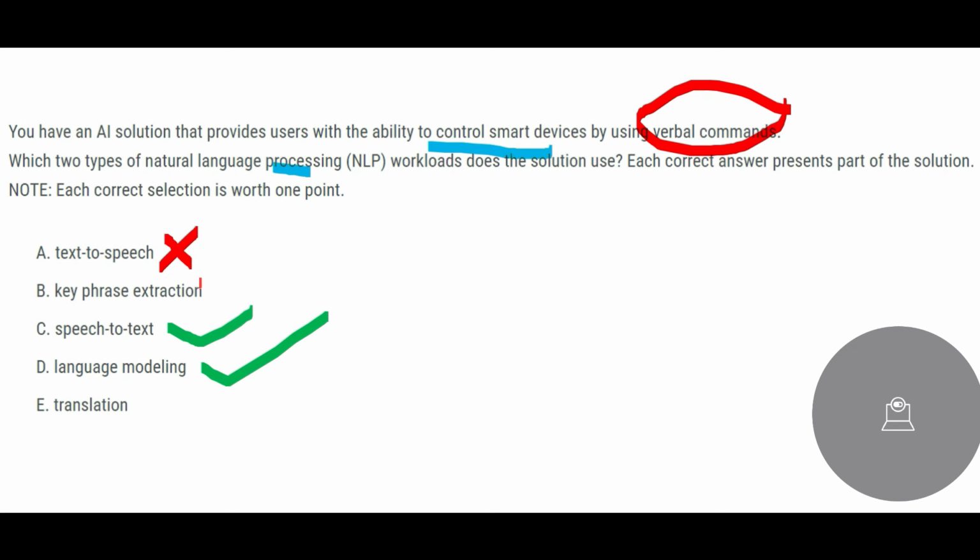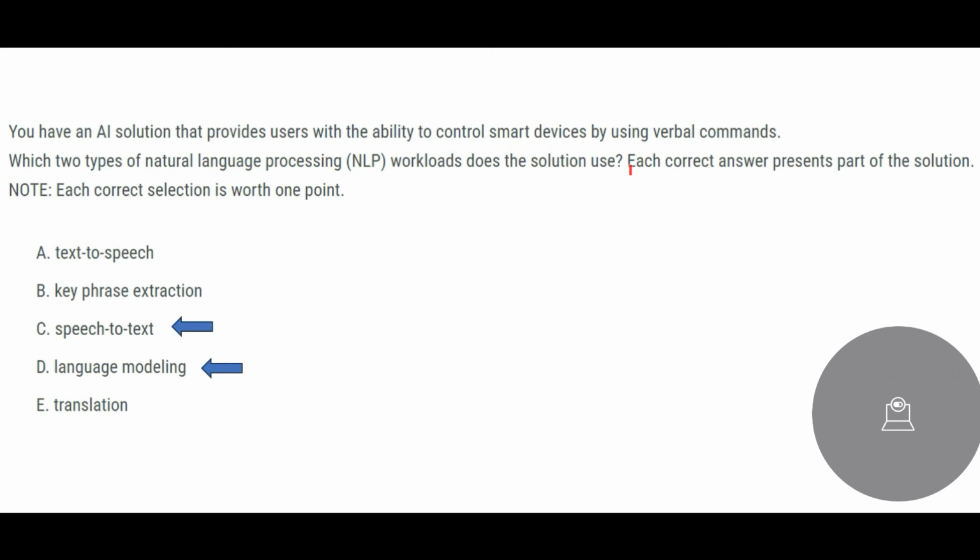Key phrase extraction is for when you have a document and you want to extract some key phrases. Here there is no such use case. Translation is for French to English, English to French, French to Spanish, and so on. This question has no requirement of any sort of translation. So my two answers are options C and D.